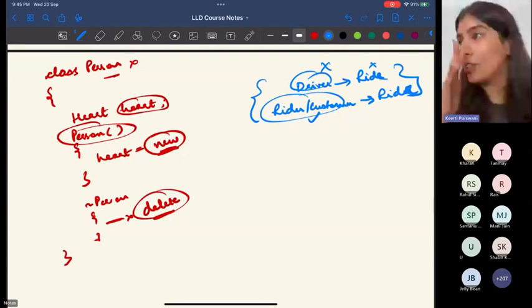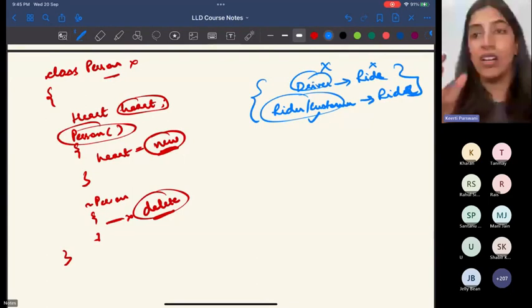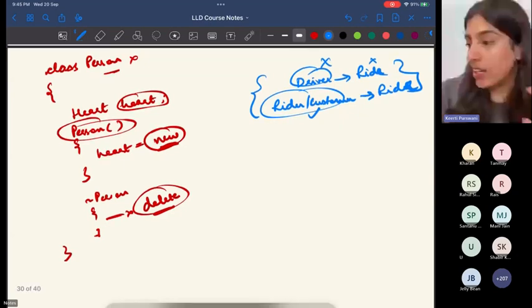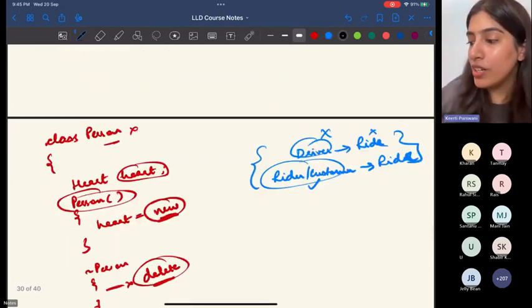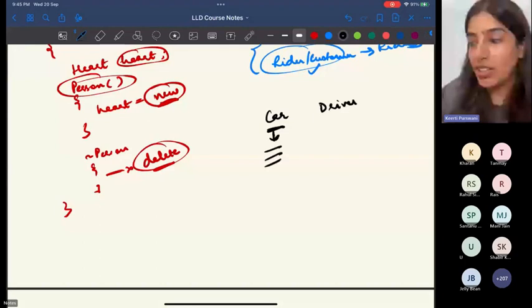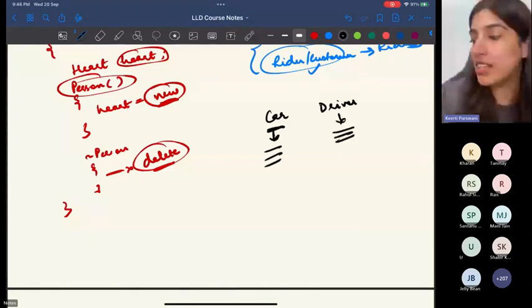Or suppose in Uber, you are registering a car and a driver. In this car you are going to store some details, right? And say our services are such that a car can be driven by multiple drivers.